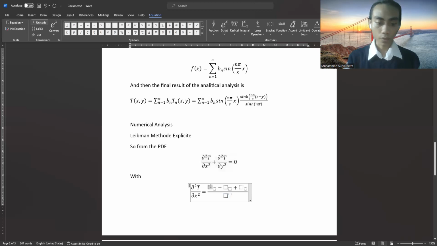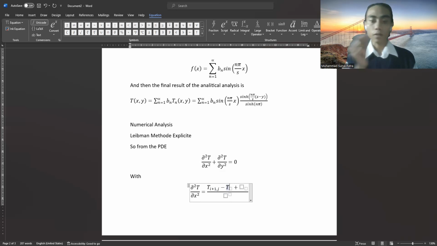Okay, this is the temperature of i+1, j. This is the temperature of iteration, and we have a matrix in this case. To calculate it, we need the row first, but the column is second. So if the row is one, we get the second.